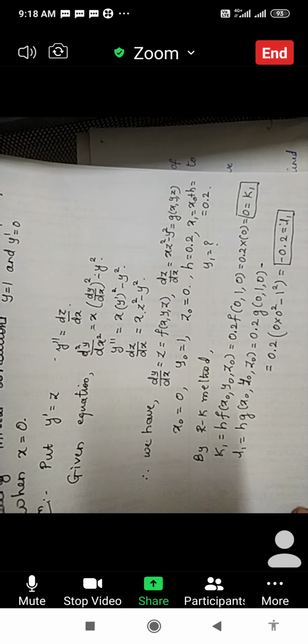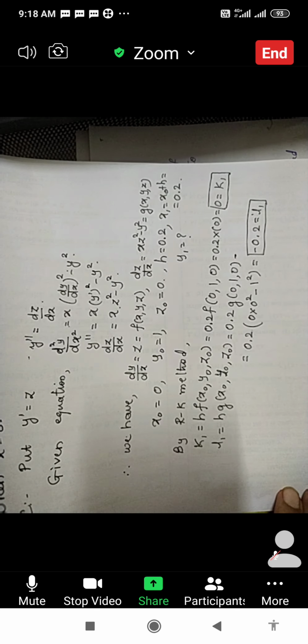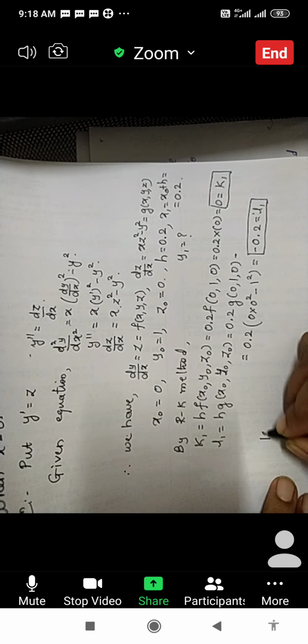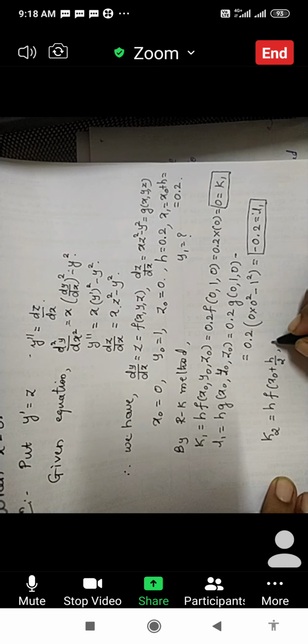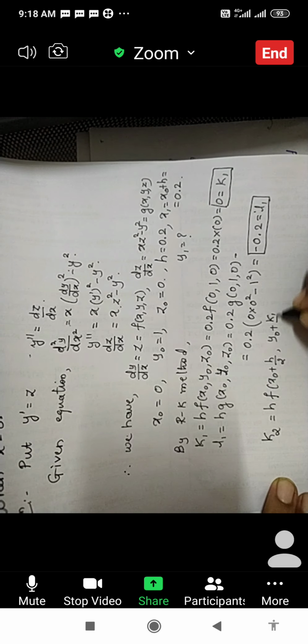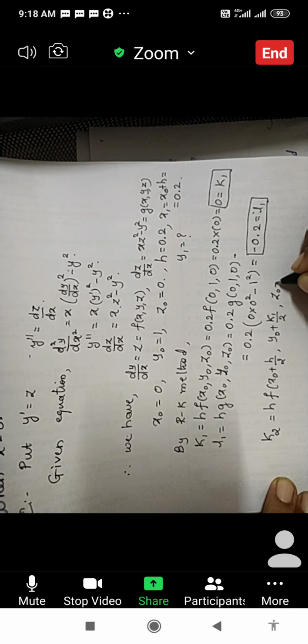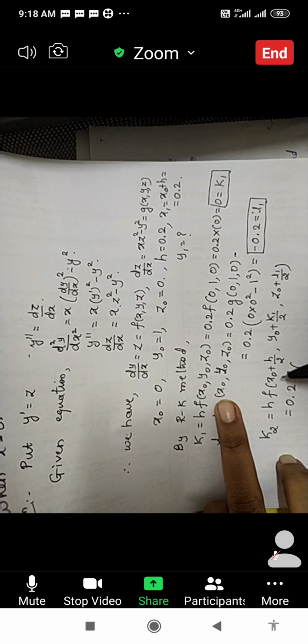After L1, we need to calculate K2. The formula is h into f of x naught plus h by 2, y naught plus K1 by 2, z naught plus L1 by 2. f of x naught is 0, so it will not matter much.